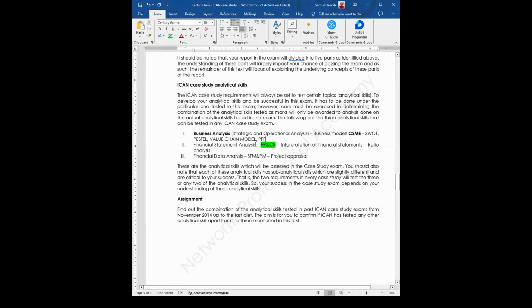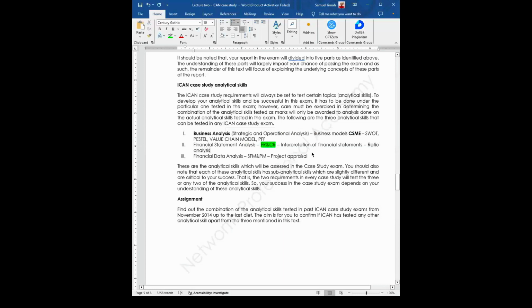Then when you hear financial statement analytical skill, or financial statement analysis, your knowledge of interpretation of financial statements under financial reporting and corporate reporting will be needed. That is your ability to use ratio analysis to interpret the financial report of an organization.